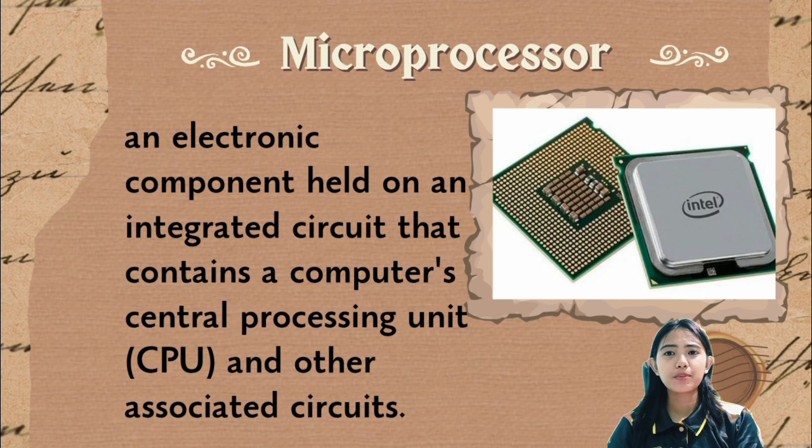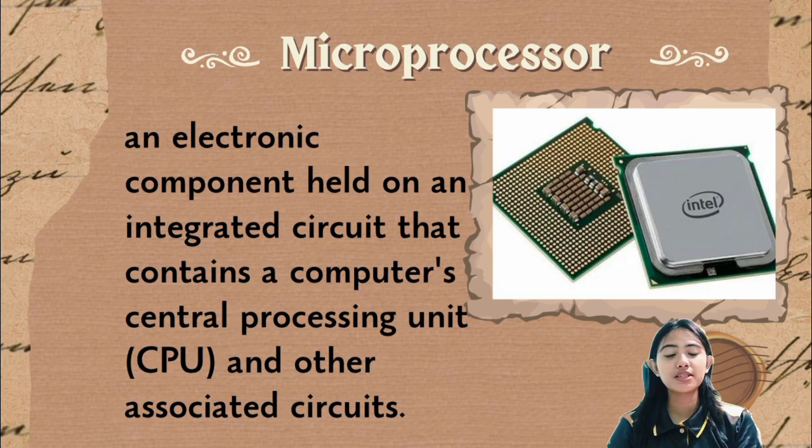The first microprocessor, the Intel 4004, was invented by a team of Intel engineers: Federico Faggin, Ted Hoff, Stanley Mazor, and Masatoshi Shima. Their groundbreaking work, completed in 1971, involved creating the first single-chip central processing unit.